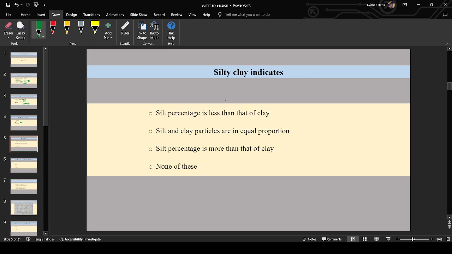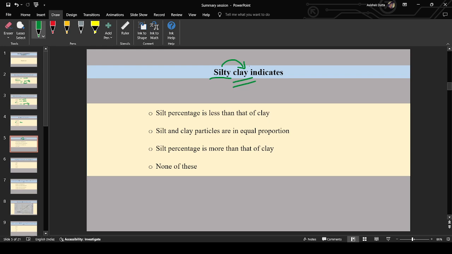Silty clay indicates, yes, this nomenclature, silty clay, what does it indicate? When we write silty first, the first word describes the second word. It's an adjective. That means the major part is the second one, clay.